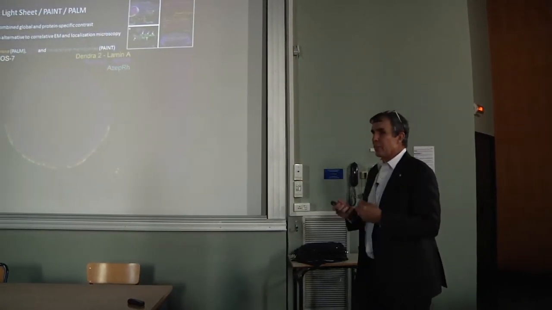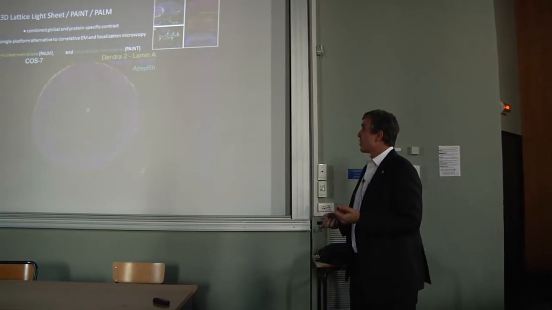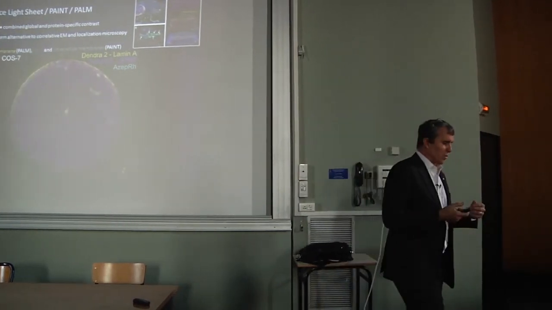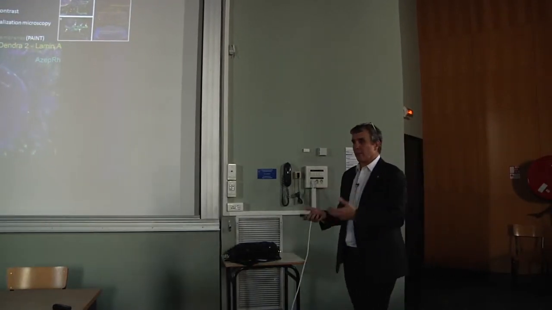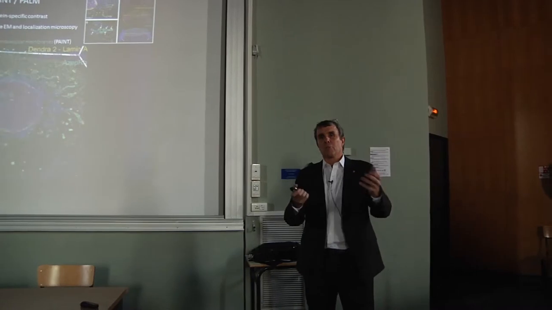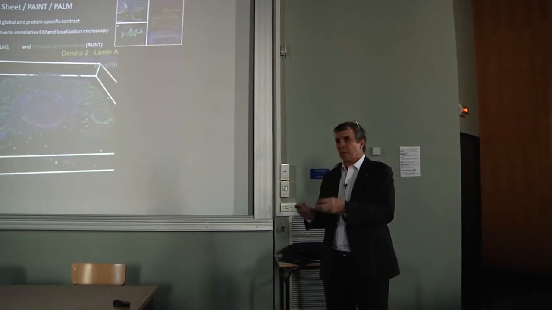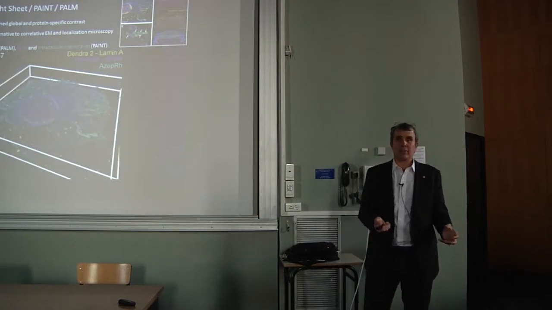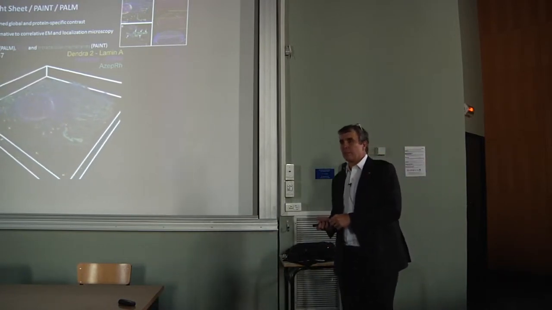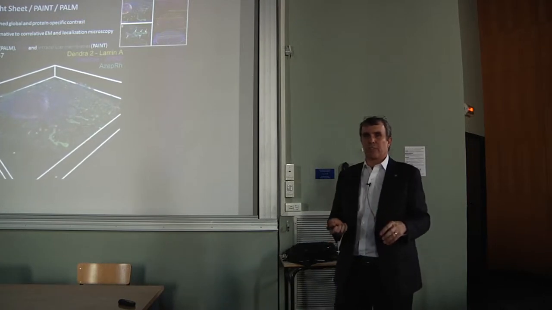Another major advantage of this approach is that there have been a lot of people in the super resolution field trying to do correlative electron microscopy with super resolution microscopy, because the EM gives you global contrast of all the membranes, and the super resolution gives you protein specific contrast.